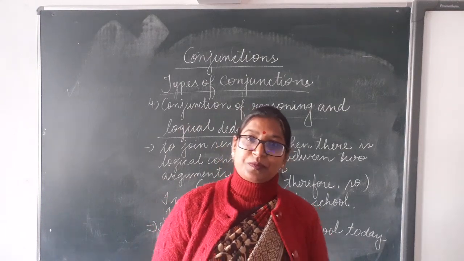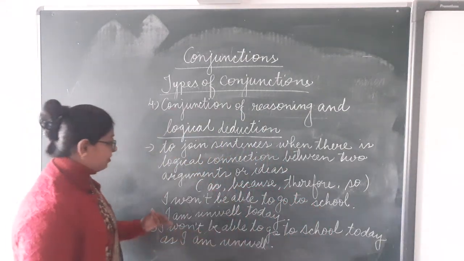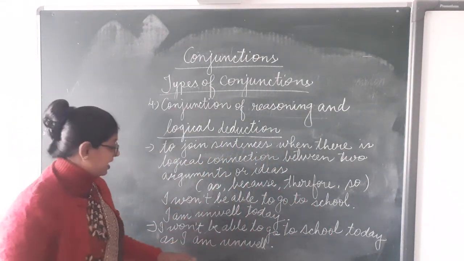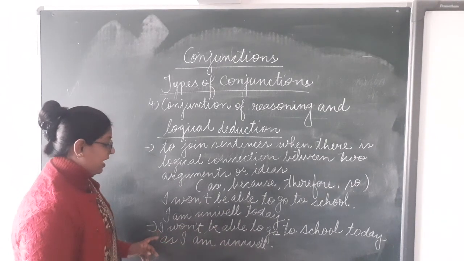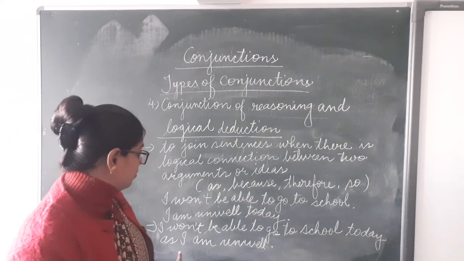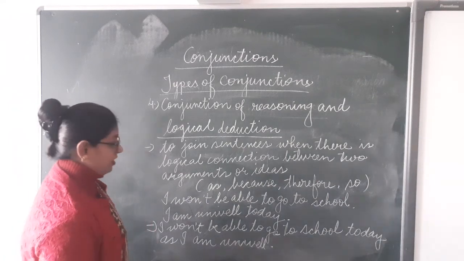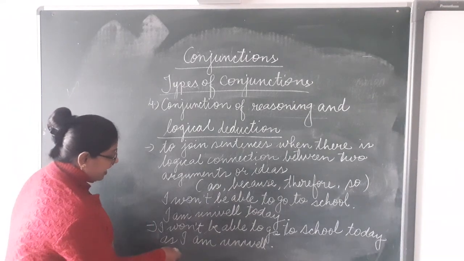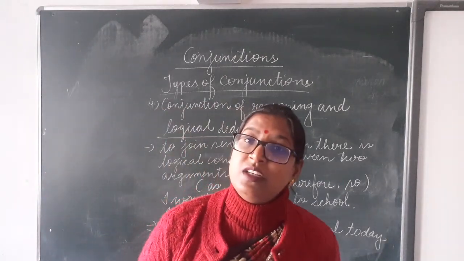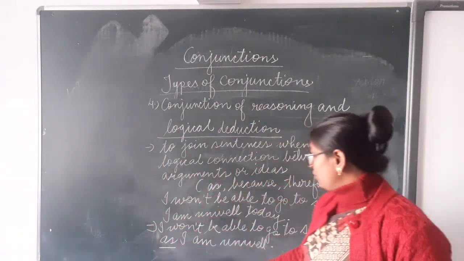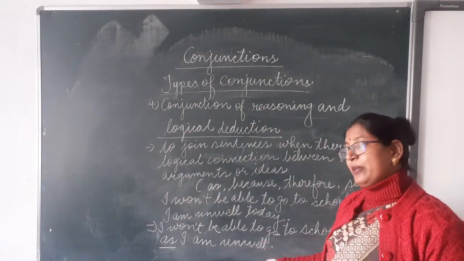Okay. So, we can see here these kinds of sentences are joined together as: I won't be able to go to school today as I am unwell. Okay, I am not able to go to school today as I am unwell.